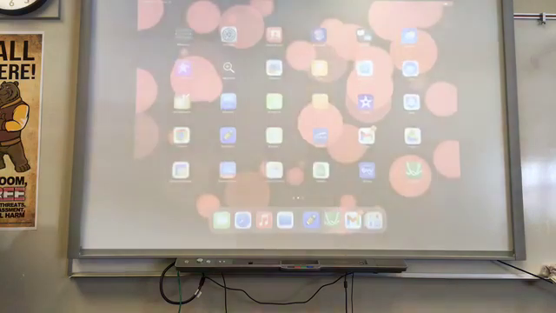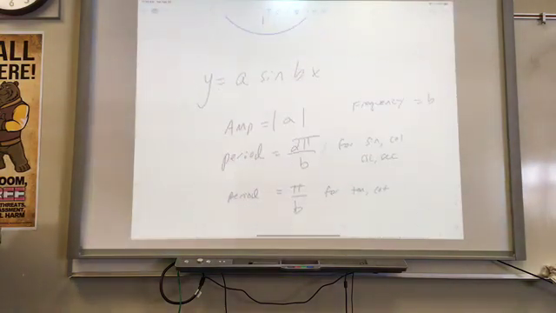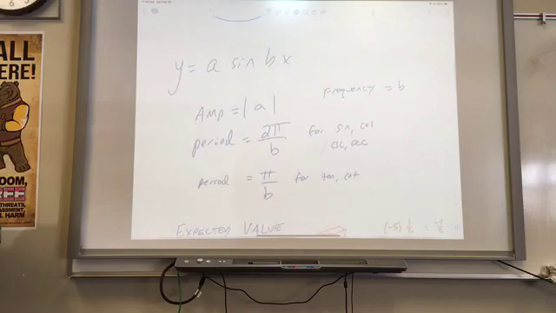I'm going to teach you guys something real quick that'll help you remember this. If my equation is y equals a sine bx, this a right here is the amplitude.